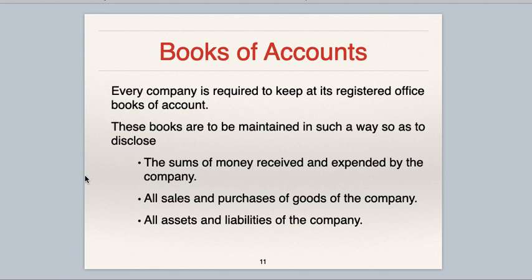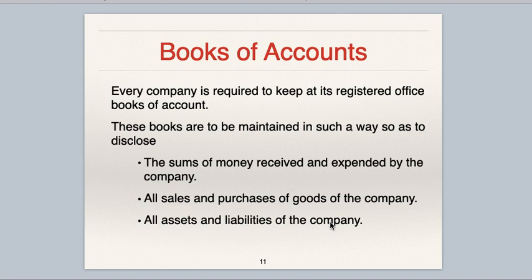Books of accounts. Every company is required to keep at its registered office books of accounts. These books are to be maintained in such a way so as to disclose sums of money received and expended by the company, that is receipts and payments, all sales and purchases of goods of the company, all assets and liabilities of the company.